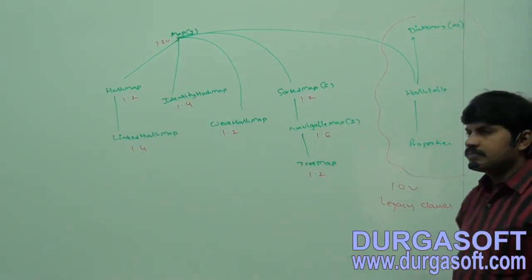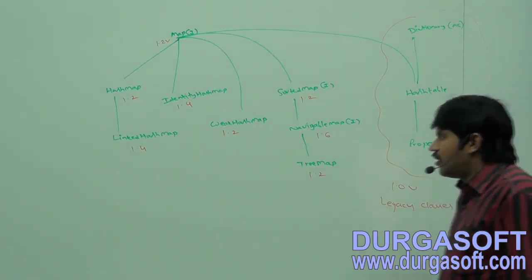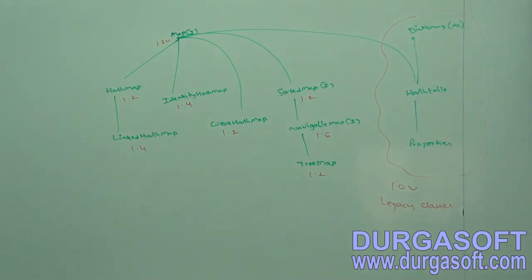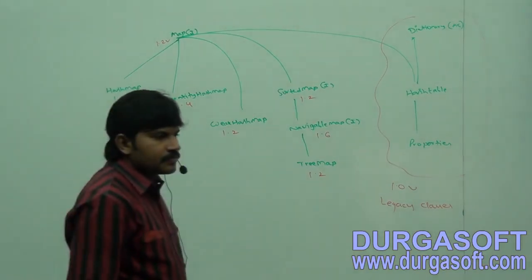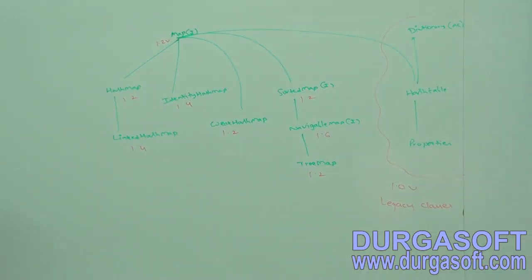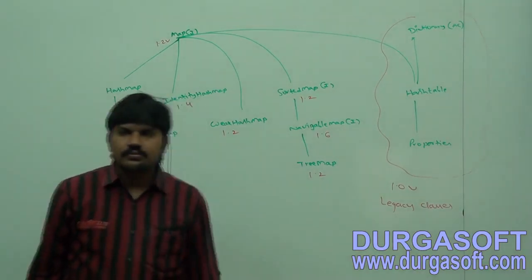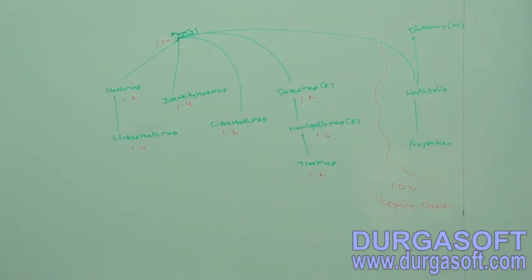Under Map we have to discuss all these things: Map, HashMap, LinkedHashMap, IdentityHashMap, WeakHashMap, next SortedMap, NavigableMap, TreeMap, next Dictionary, Hashtable, Properties.